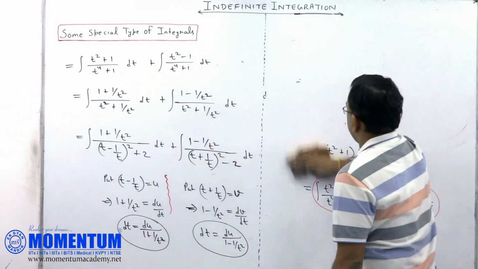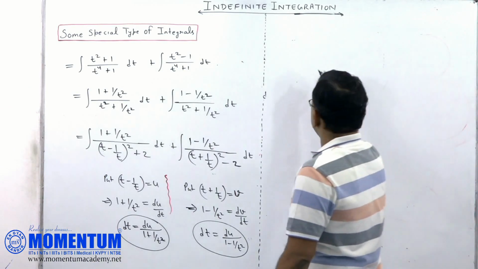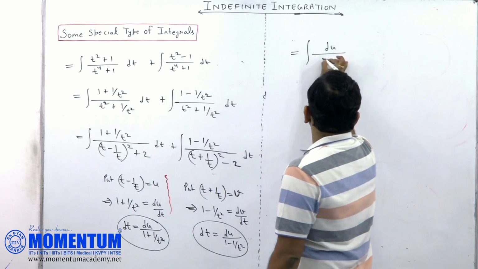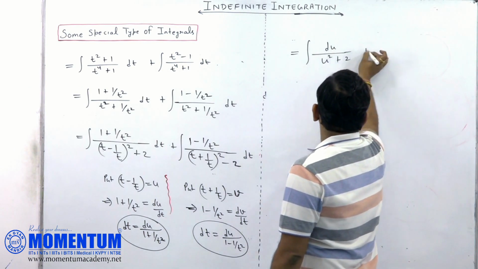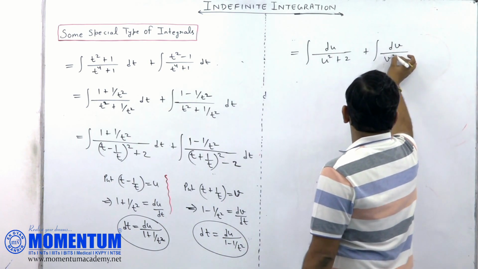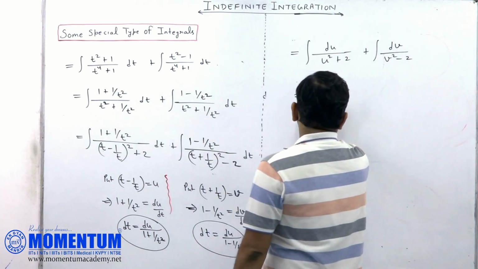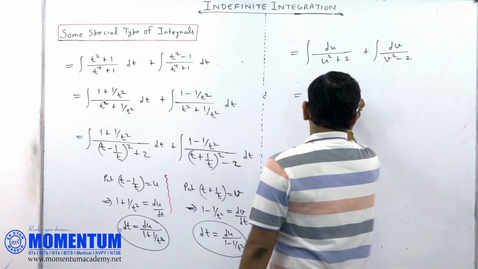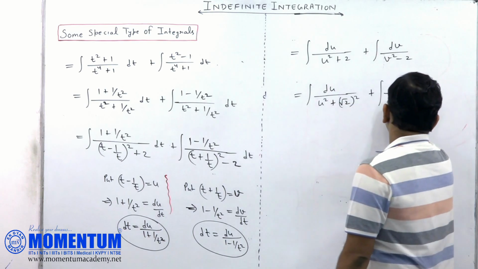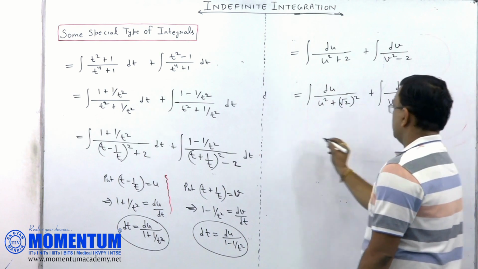So now, after putting the values of dt in integrals, we have du upon u square plus 2 and dv upon v square minus 2. Now it is u square plus root 2 square and it is v square minus root 2 square.